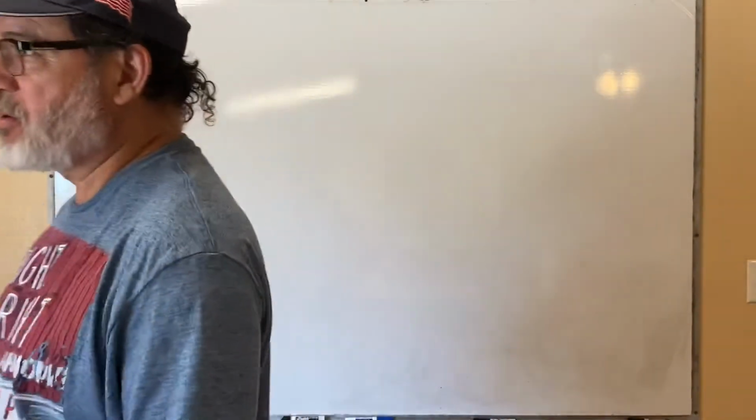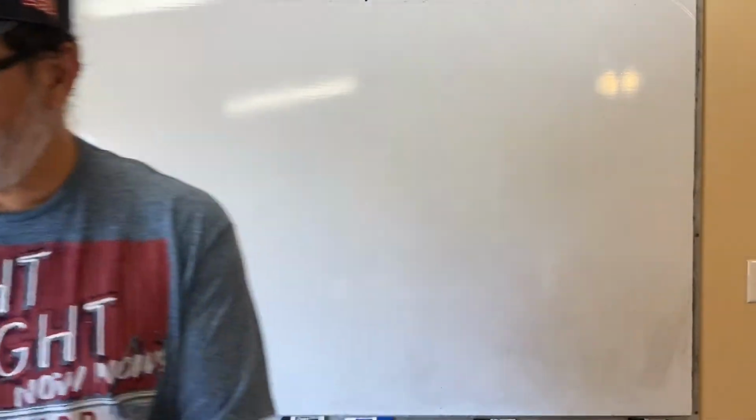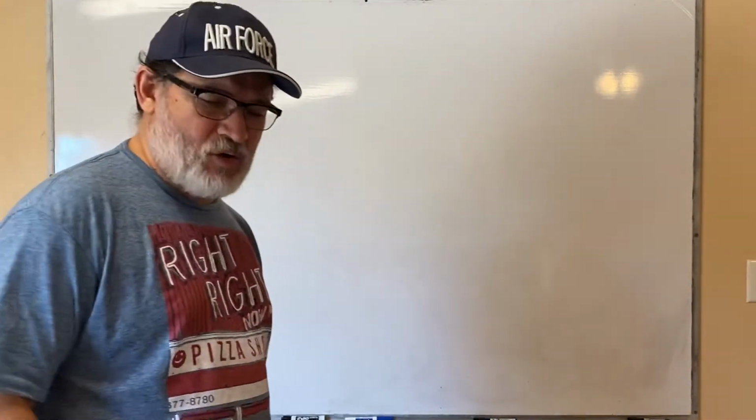All right, so that was section 7.2. Let's go to section 7.4. And now we're going to multiply radicals. To multiply radicals, we need the following property.